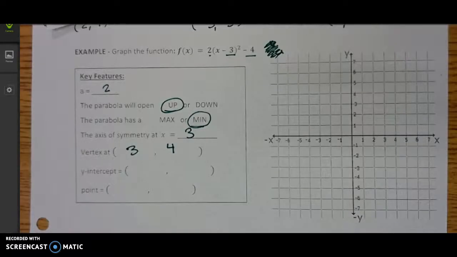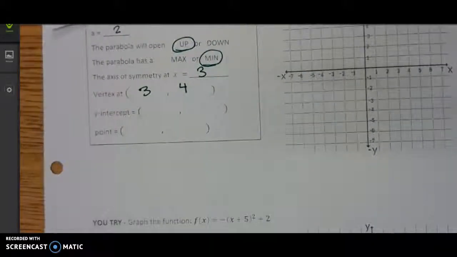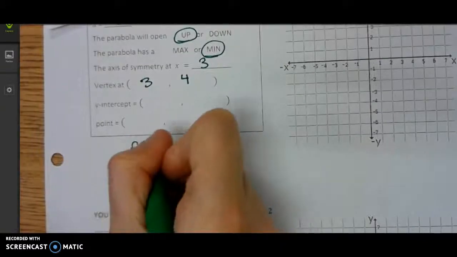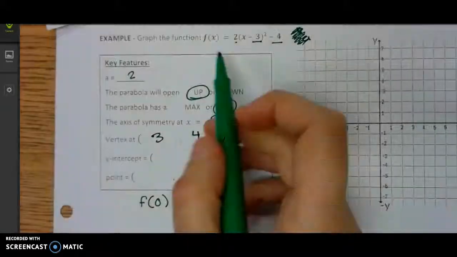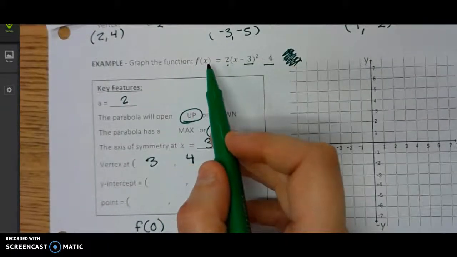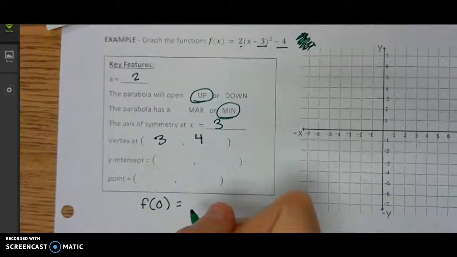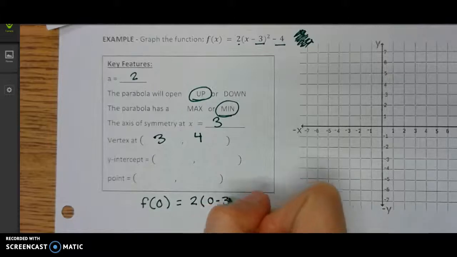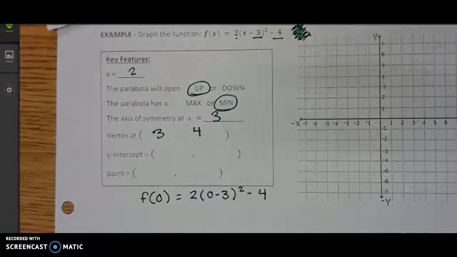The y-intercept, we actually have to do work on this one because we don't have what it is. So what we're going to do is we know that at the y-intercept, x is going to be 0. So I'm going to change my x to 0, and I'm going to plug 0 in for all of those. So it's equal to 2 times 0 minus 3 squared minus 4. There was only the one x.